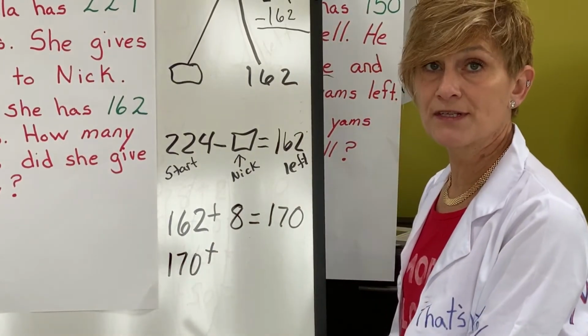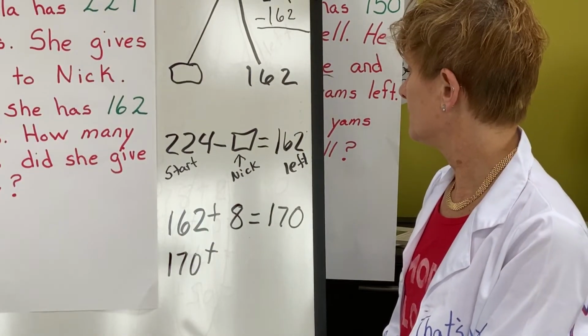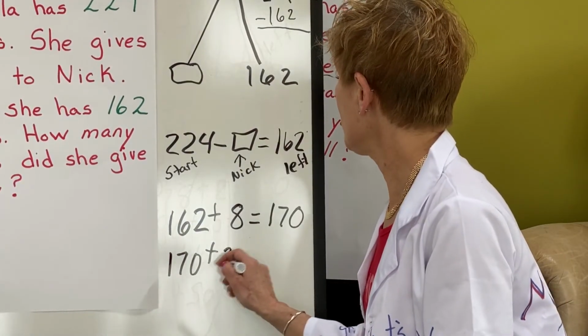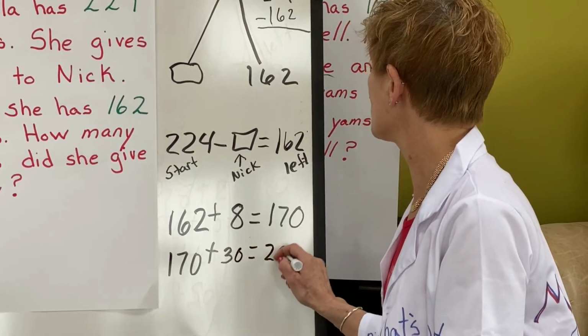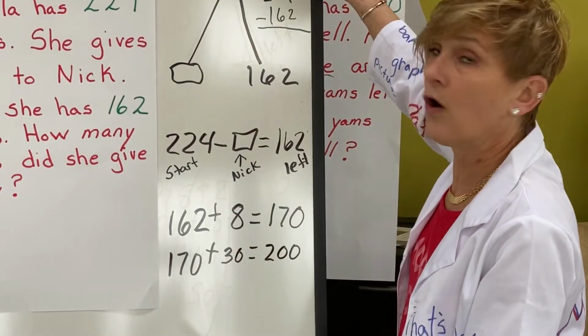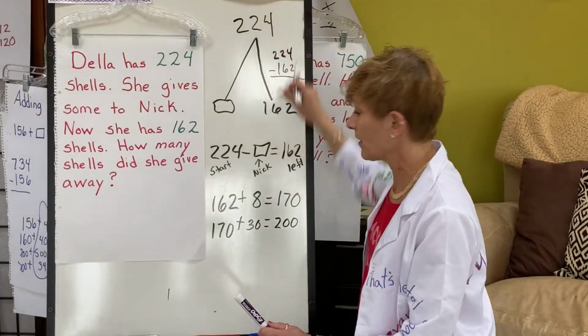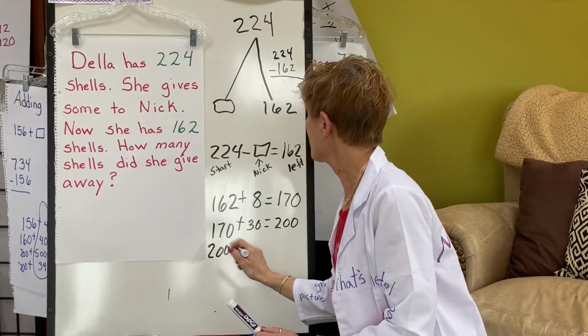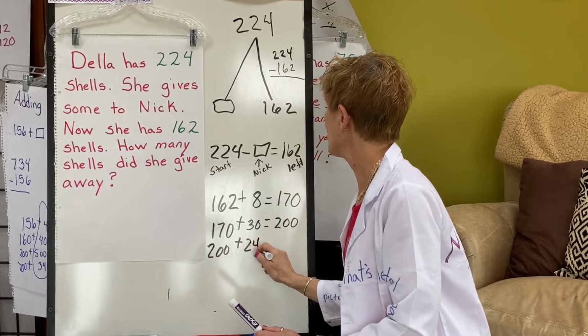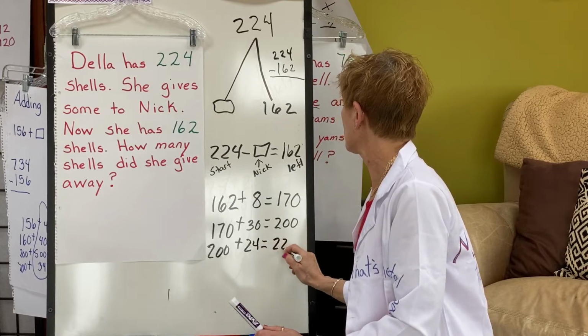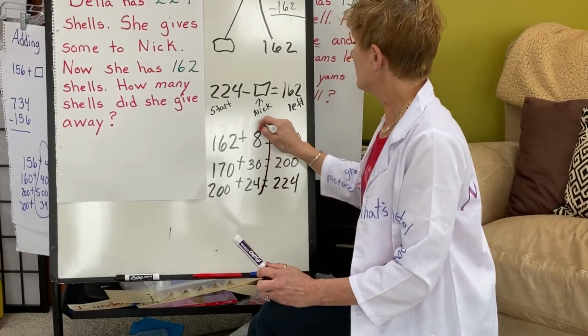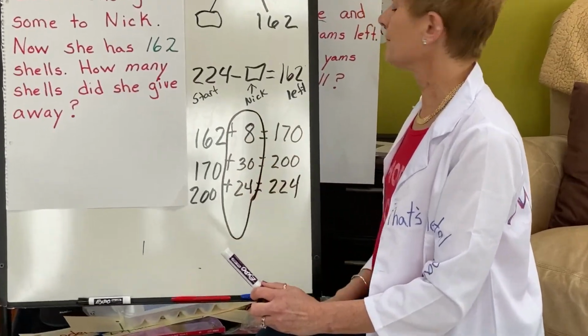I hope you're doing yours at home. I'm going to add 30. Now I'm at 200. Oh, I just want to get to 224. And I'm going to add my 24. I see what I added up. What did you add up?